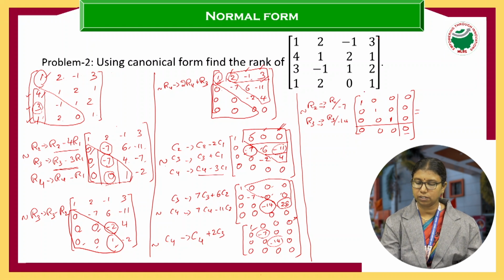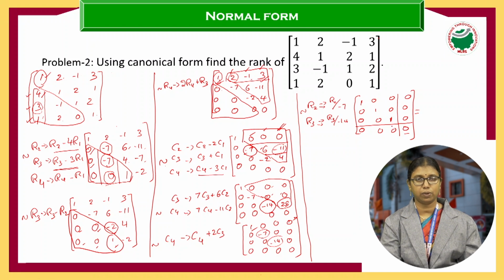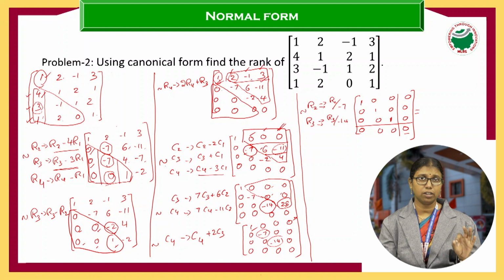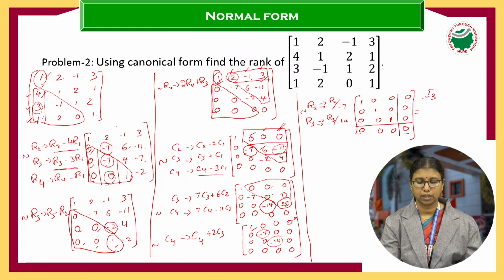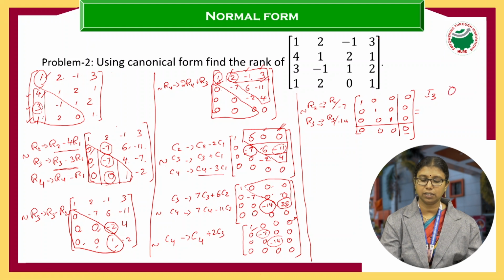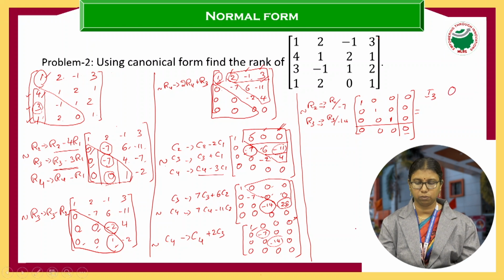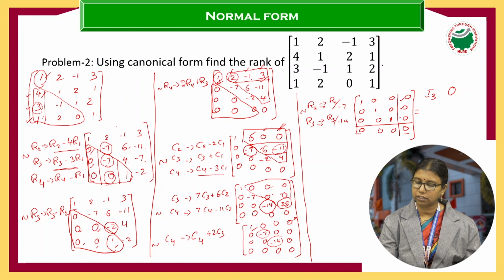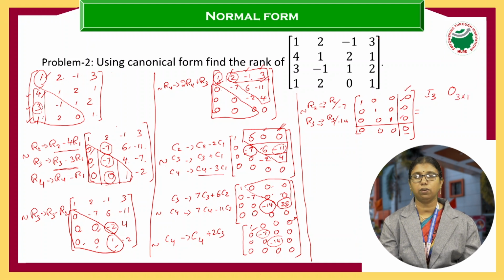Now represent this: the first submatrix is 1 0 0, 0 1 0, 0 0 1. This is an identity matrix of order 3 by 3, I3. Next one is a column vector. I'll represent that column vector as capital O. And how many rows do we have here? 3 rows, 1 column. So 3 rows by 1 column.